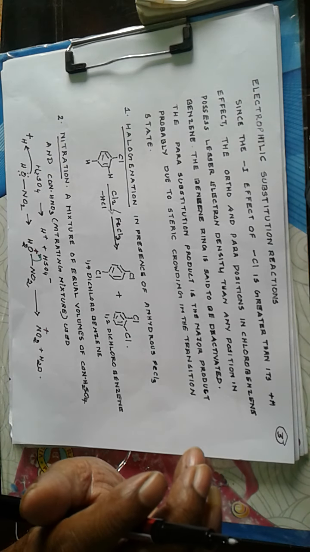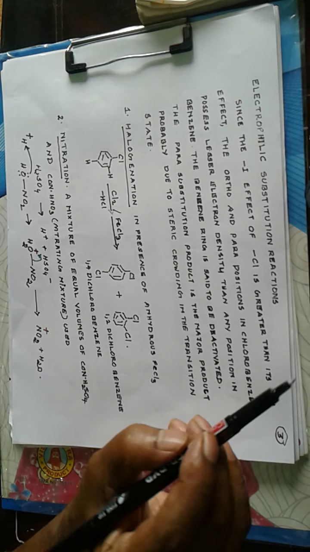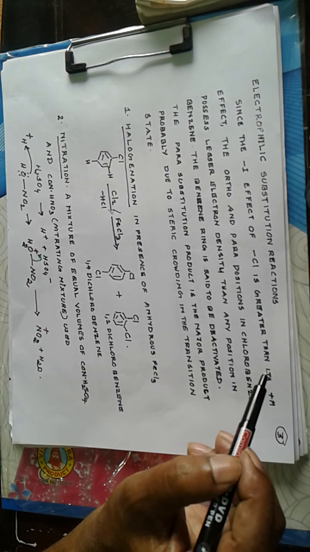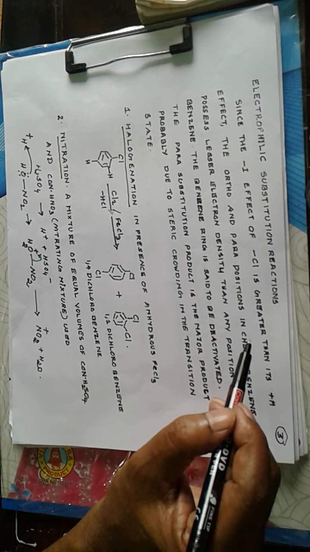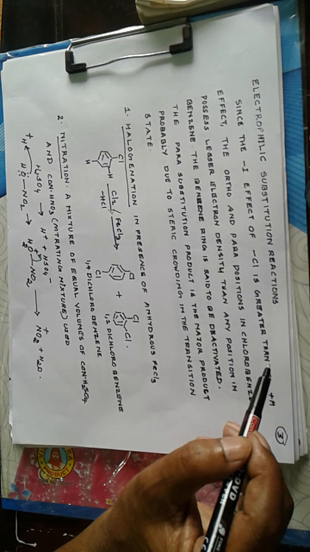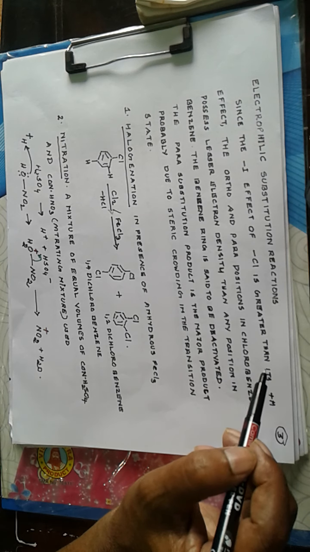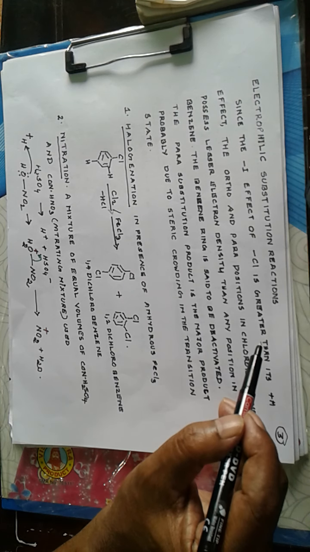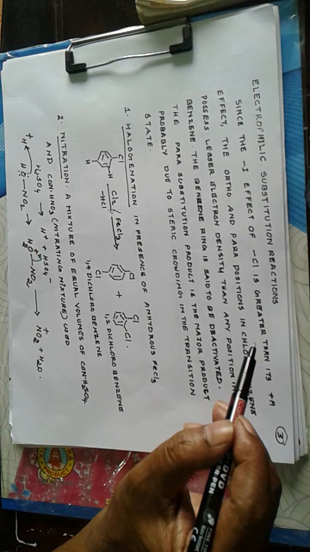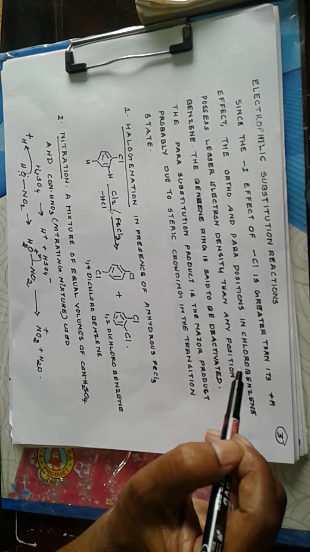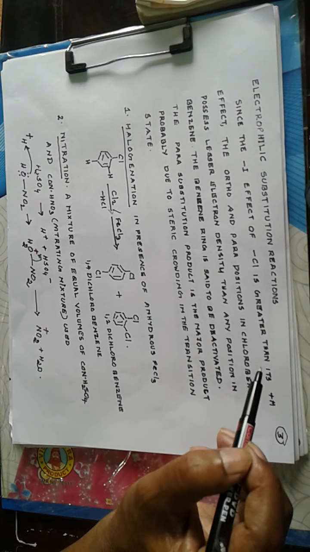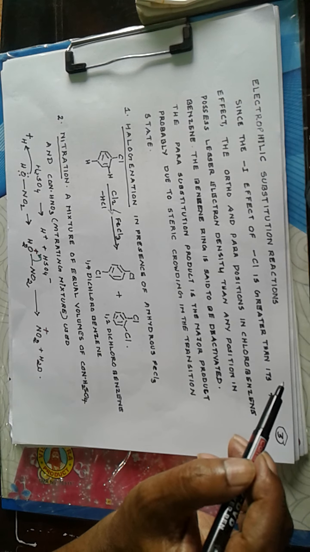Now coming to the electrophilic substitution reactions of chlorobenzene. As I told earlier, the minus I effect of chlorine is greater than its plus M effect, so the carbon atoms in chlorobenzene are less electron dense or less electron rich than the positions in benzene.